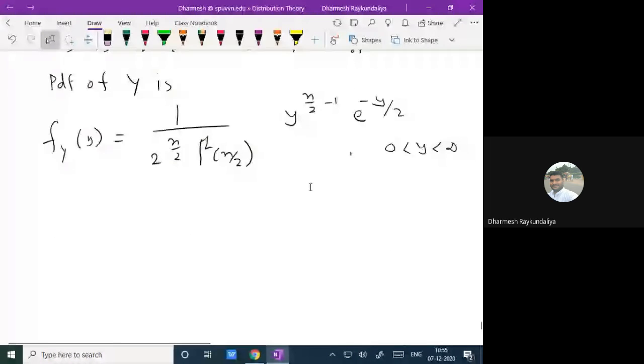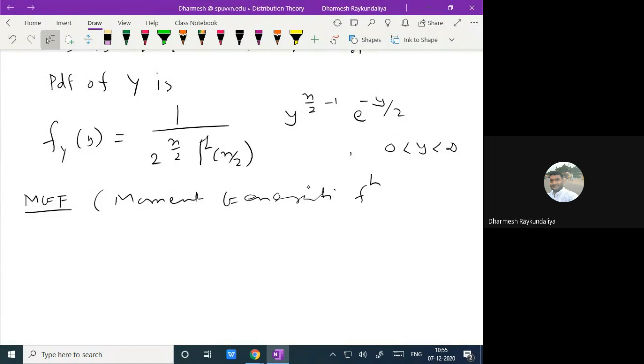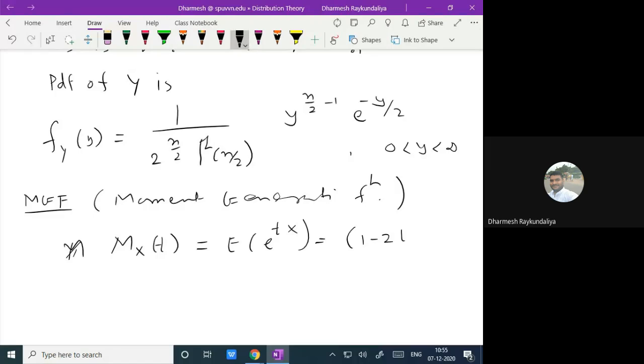We have already seen the MGF. What is MGF? MGF is nothing but the moment generating function. The moment generating function of the chi-square distribution is denoted as M_X(t), which is the expectation of e raised to tX, and in the chi-square distribution it is (1 minus 2t) raised to minus n by 2, when the degree of freedom is n.